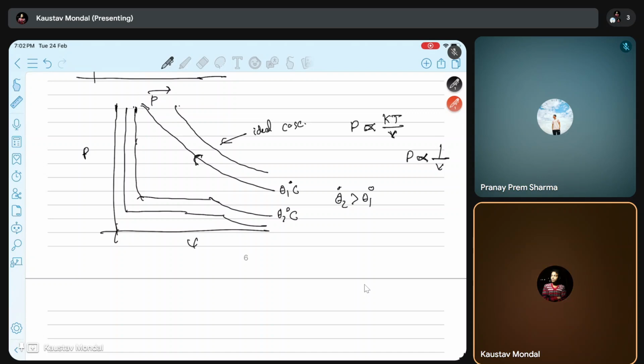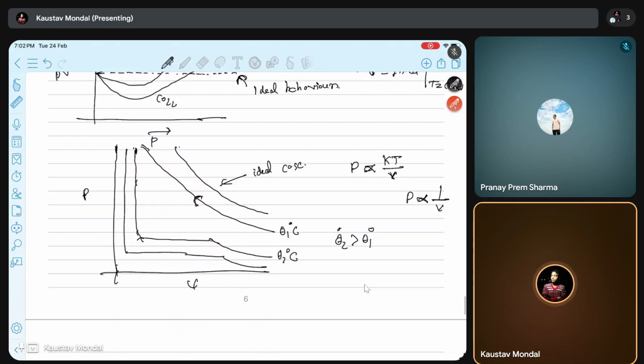So this curve flattens out here, and it is also well deviated from the ideal case. As you can see, depending upon the temperature, the behavior of the real gas deviates significantly from the ideal gas law.